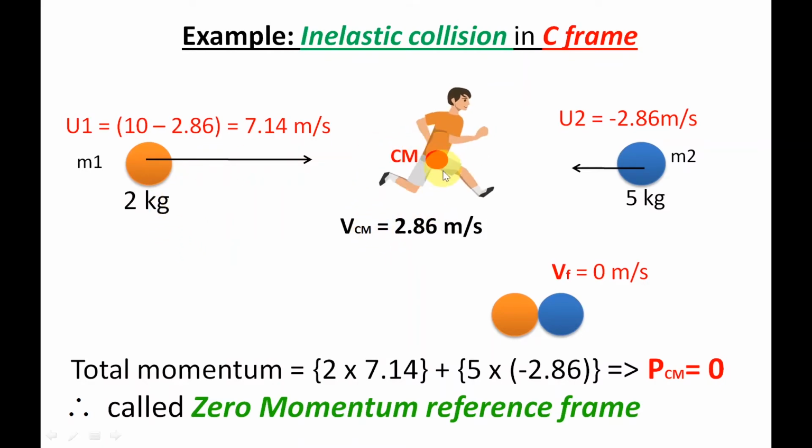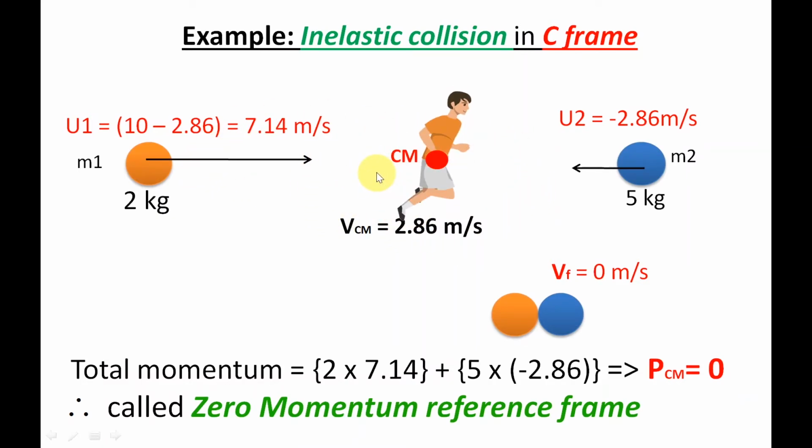Just now we have found that the velocity of the center of mass according to the laboratory frame observer is 2.86 meters per second. We have marked this in black color. Remember, as I previously said, the parameters marked in black are for the laboratory frame of reference, and the parameters marked in red are for the center of mass frame of reference.